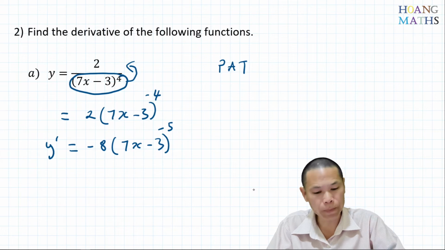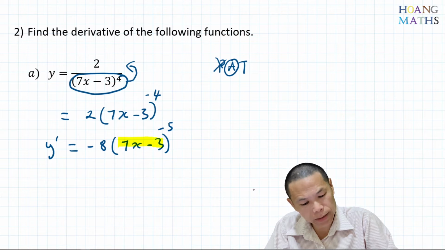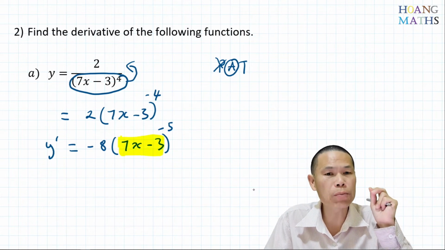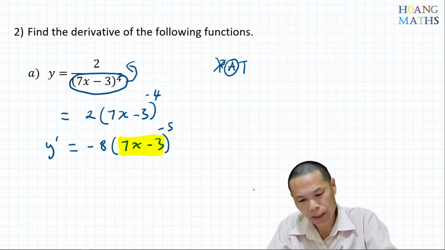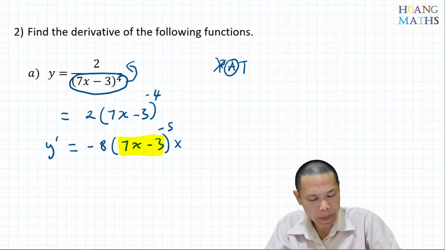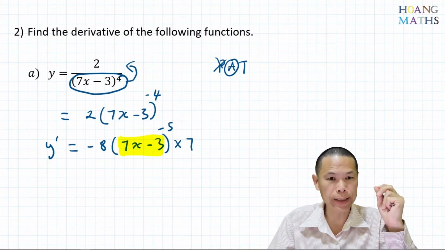The power is done. Then we differentiate the angle. To differentiate the angle, we treat that as an angle. So to differentiate this, 7x minus 3, that becomes 7, okay? So we times by 7, and then no trig. So we stop there. That's it, done.